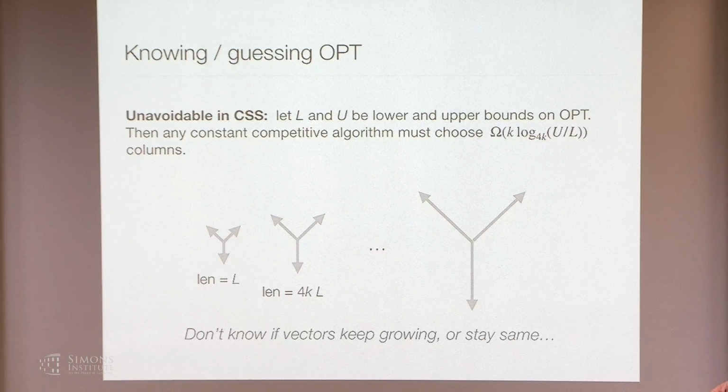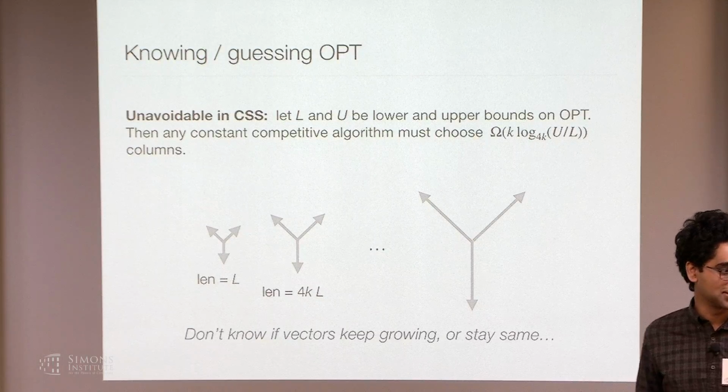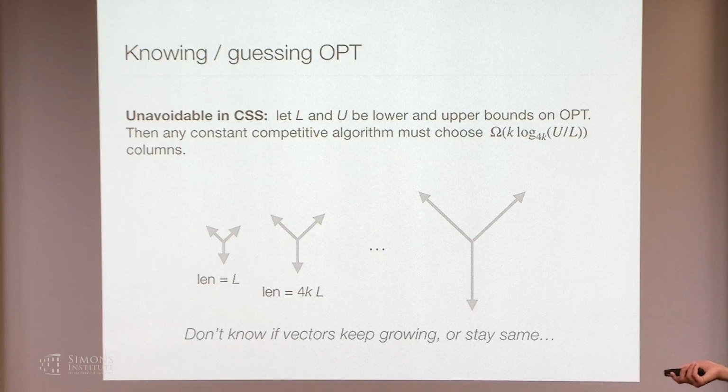This is why we have these assumptions that these ratios are bounded by a polynomial. The reason is that you can just have completely orthogonal vectors show up of very different lengths, and the online algorithm doesn't know if these vector lengths keep growing or if they'll just stay the same. So in some sense we don't have a way of getting around this kind of bound. This is for column selection.